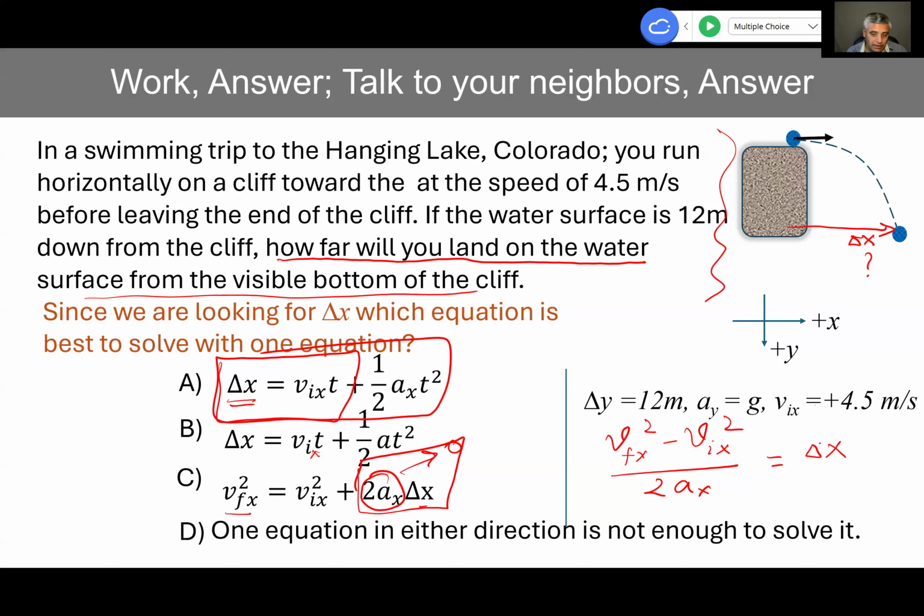Great. But now, what is ax? 0. When you divide something by 0, you know what happens? Yes, undefined. So you cannot solve for it. That's a great question.